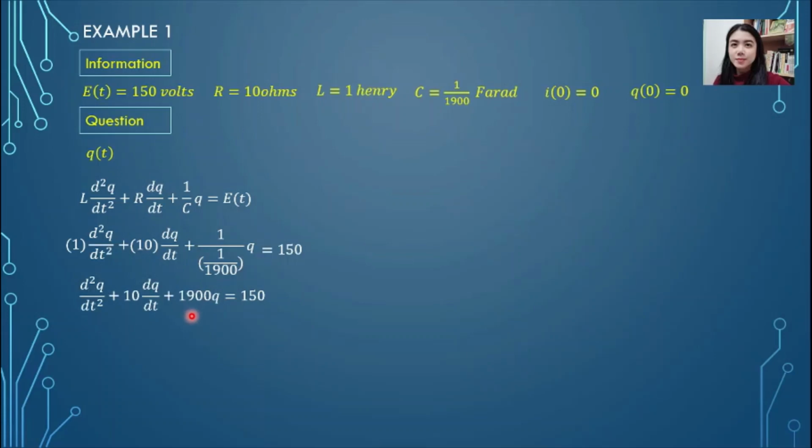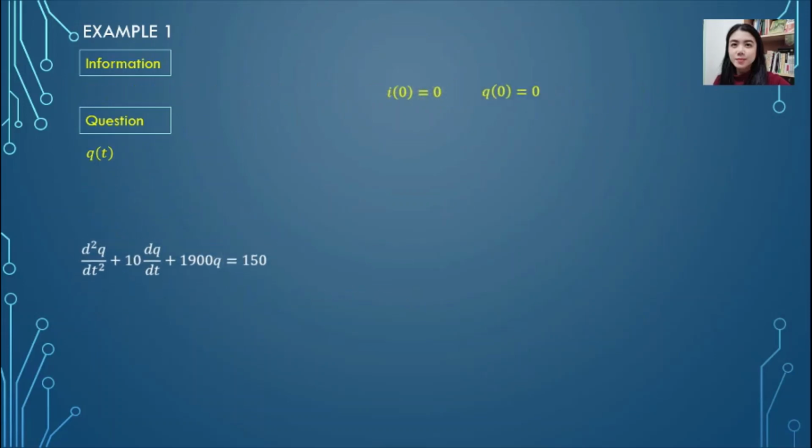This is the second order differential equation for this RLC circuit, and this is actually a non-homogeneous equation. Once we have used the information of E, R, L, and C, we don't need them anymore, but we still need to keep the initial conditions, that are I0 and Q0.